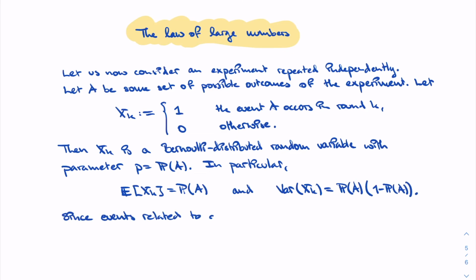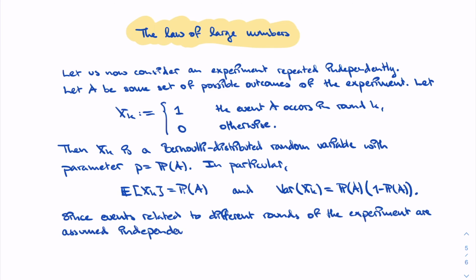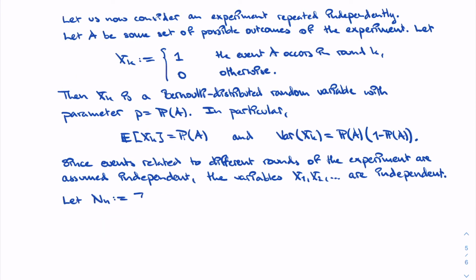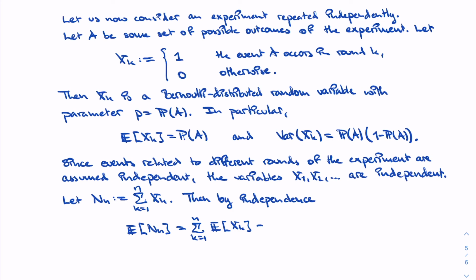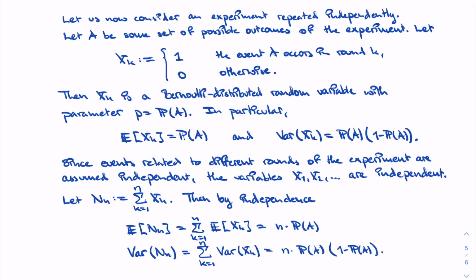Since events related to different rounds of the experiment are assumed independent, the variables x_1, x_2 and so on are also independent. Let N_n be the sum of x_k for the first n values of k. By independence, we can compute again its mean and variance.